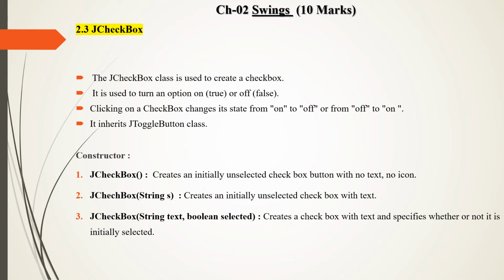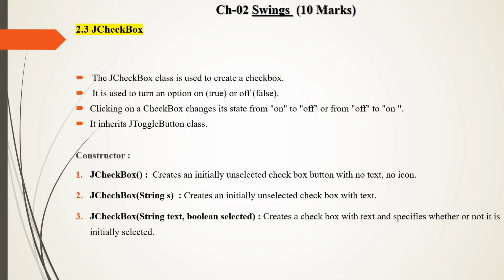The third constructor of JCheckBox has two parameters, String text and a boolean, which creates the checkbox with text and specifies whether it is selected or unselected.